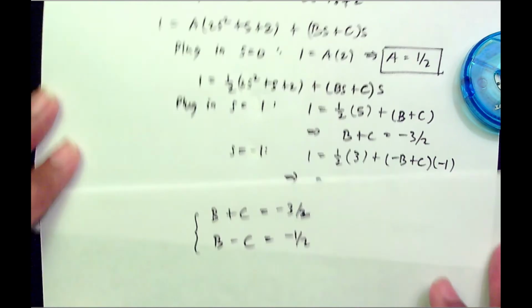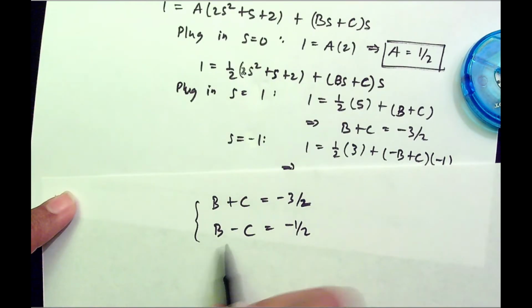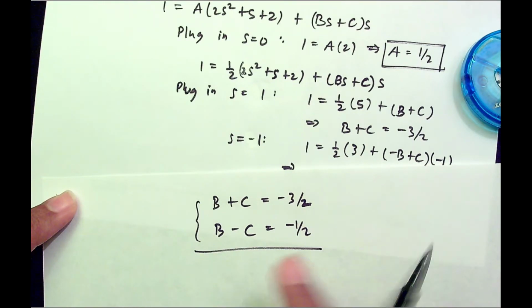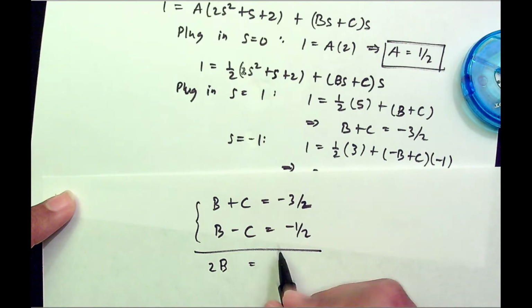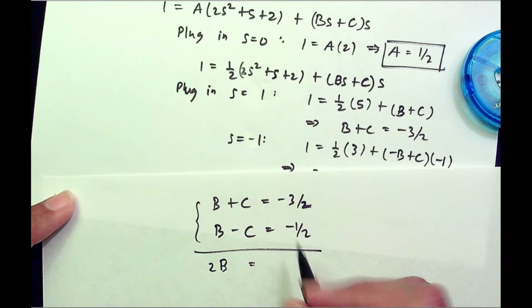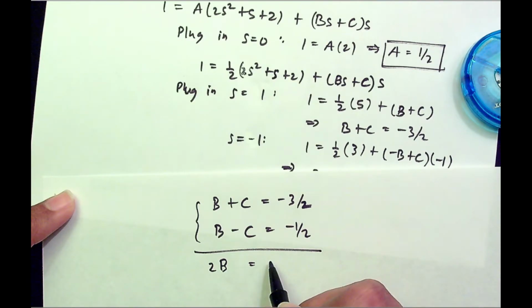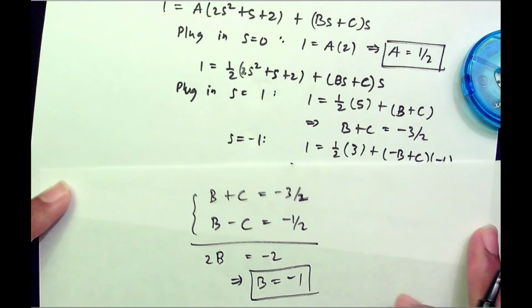And you can solve this any way you want. So obviously, the easiest way in this particular case would be to add down, and then you will get 2b equals -4 halves. -4 halves is -2, so that means b equals -1.